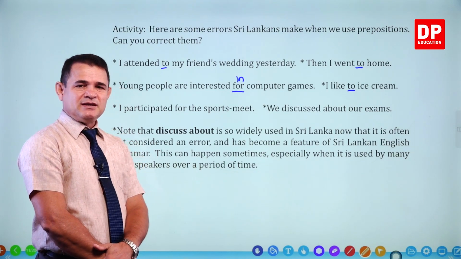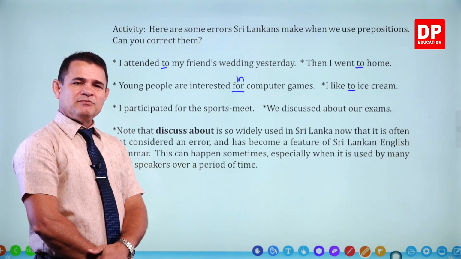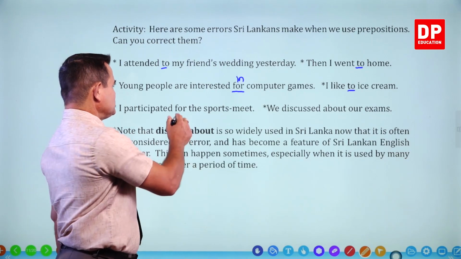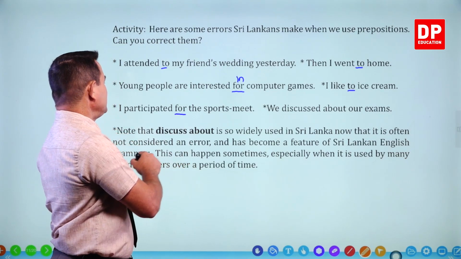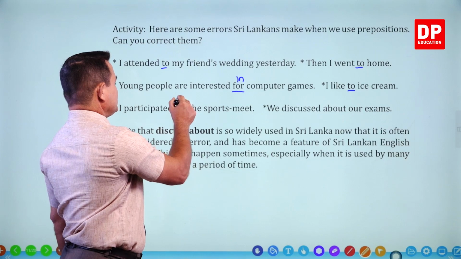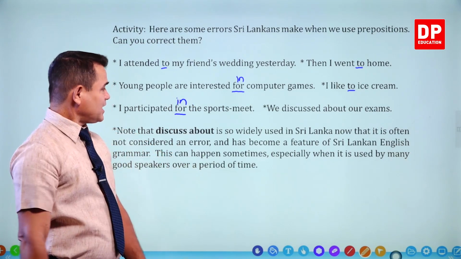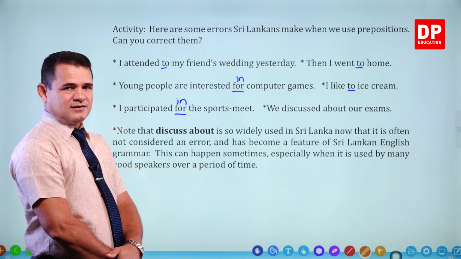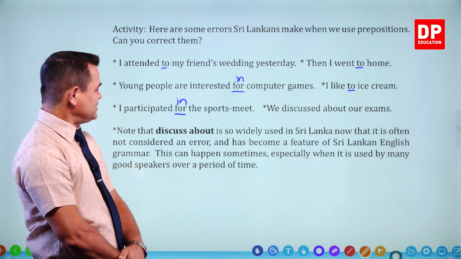Sports meet එකට සහභාගී වුණා. For නෙමෙයි. That is a wrong use. I participated in the sports meet. That is the correct preposition. බලන්න අපි අතින් කොච්චර වැරදි වෙනවද කියලා.